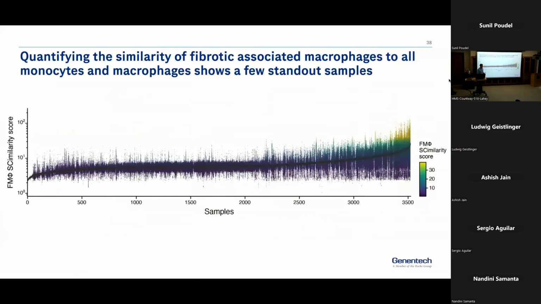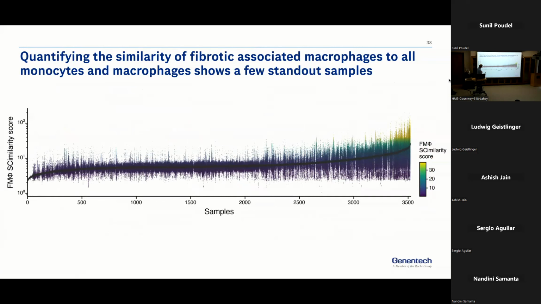So what we can do is quantify how similar each macrophage or monocyte in our entire collection is to our query fibrotic macrophage. That's what I'm showing here. Each column is a different tissue sample from our collection. So we have 3,500 different tissue samples that we're looking at that all contain monocytes and macrophages.